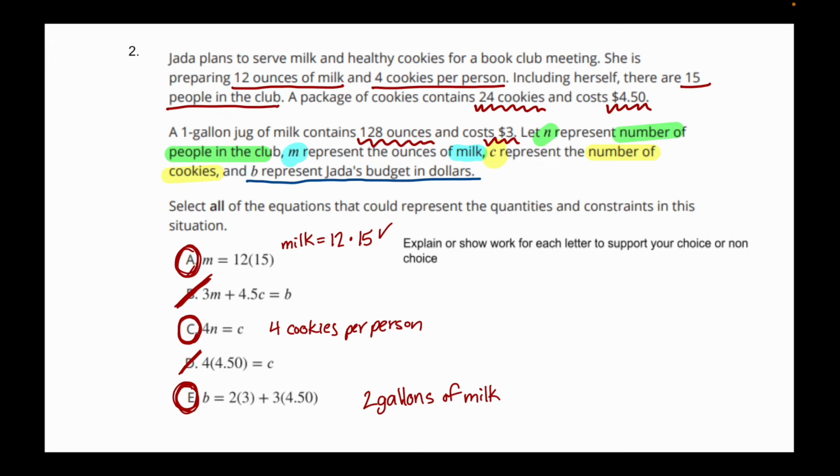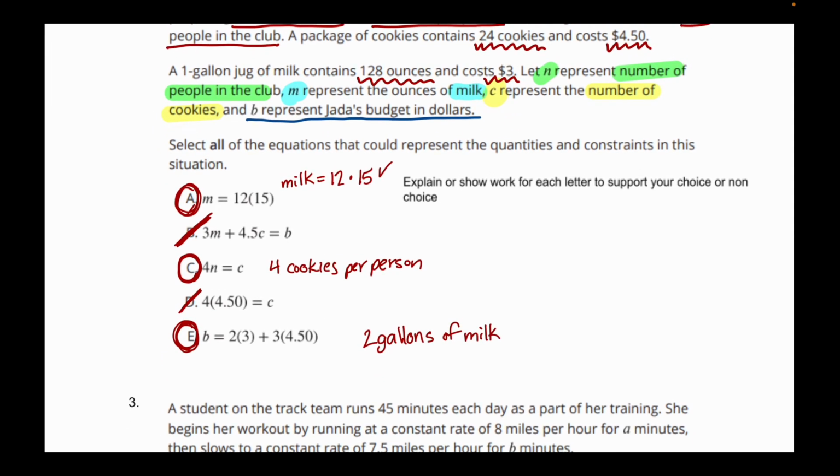Because she's preparing 12 ounces of milk for 15 people, we would do 12 times 15 to see the number of ounces we need. But I know that it's going to be larger than 128. So we know we're going to need a second gallon. And then this is adding on to that the 3 packages of cookies that she's going to need to buy, because they contain 24.